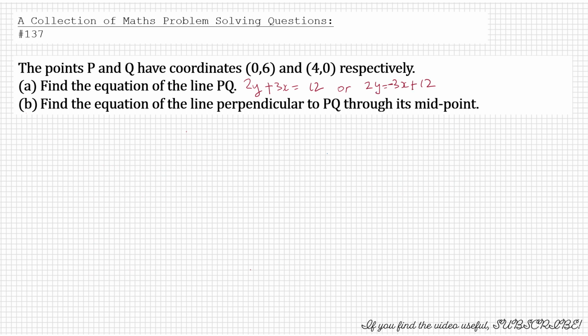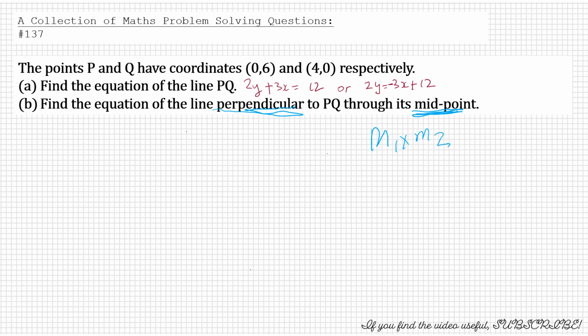So the next part that we want to do is part B: find the equation of the line perpendicular to PQ through its midpoint. For this we first have to find the midpoint, and the perpendicular slope. The rule for perpendicular lines is that the product of slopes equals minus 1.